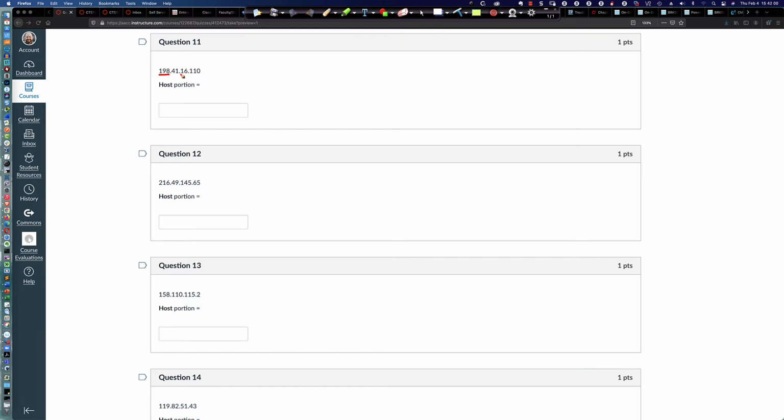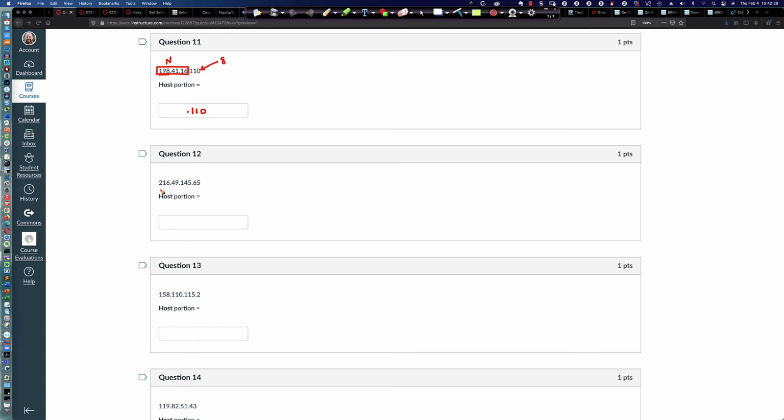So we know that this is going to be a Class C, meaning at the classful boundary, the first 24 bits or the first 3 octets represent the network portion of the address. And whatever we have left over, that's the host portion. So the correct answer here would be .110. That's the host portion of the address, the last 8 bits, that last octet.